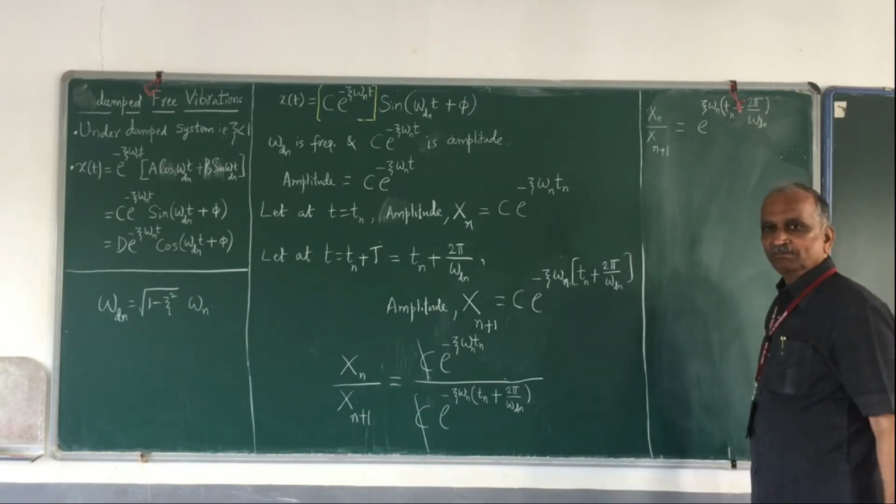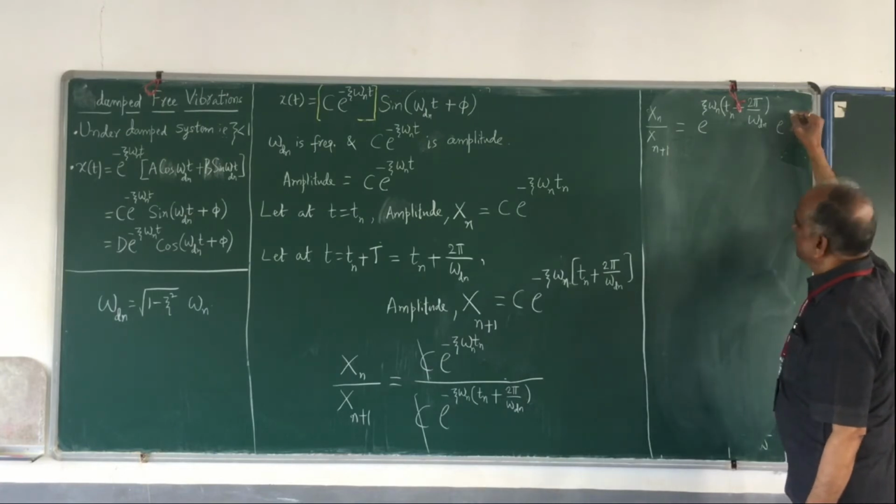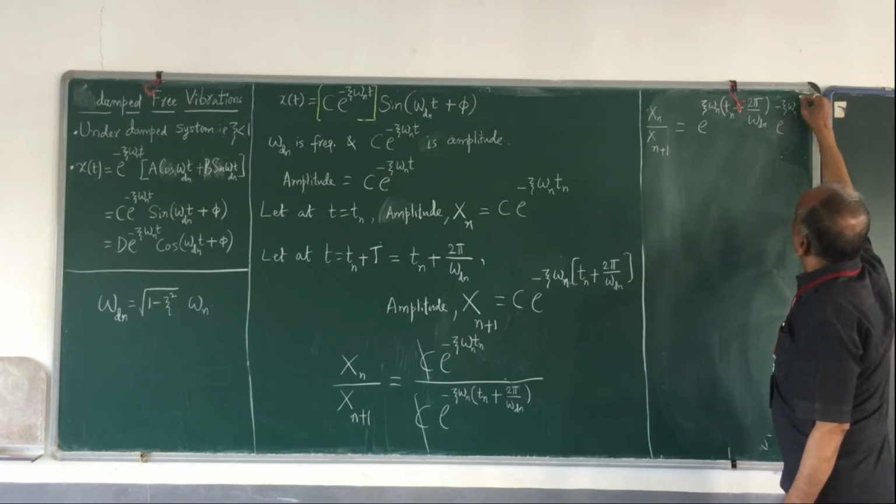When I take it to the numerator, 1 upon e raised to minus x is equal to e raised to x, so the minus becomes plus. This is one term. And the numerator is already there, that is also e raised to minus zeta into omega n into tn.